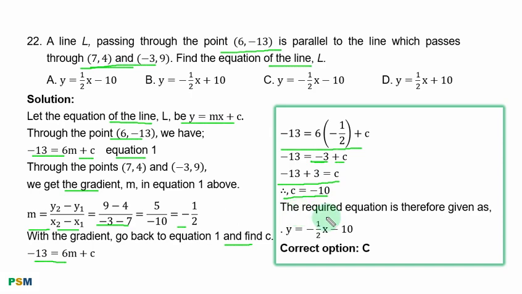The required equation is therefore given as y equal to, the gradient is minus 1 over 2, times x, minus the intercept on the y-axis c equal to minus 10, and you have it in this form. The correct option is C.